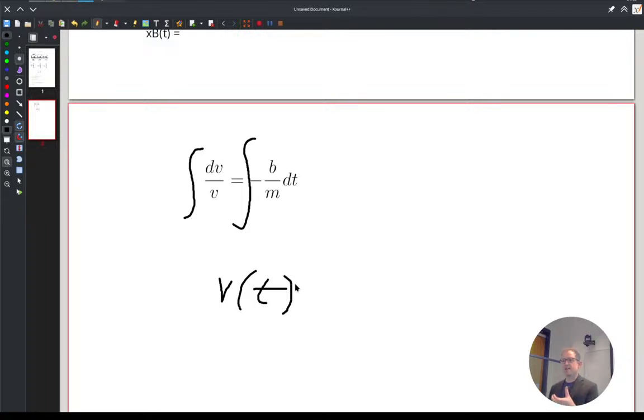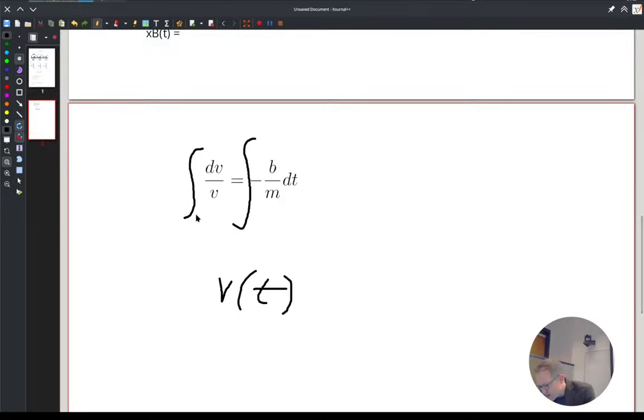Now we've got velocity as a function of time, which is dx/dt. So we can integrate one more time. Every F equals ma equation is always going to give us second order, so we have to integrate twice if we want to find position as a function of time. That's what we're figuring out here, slowly but surely.